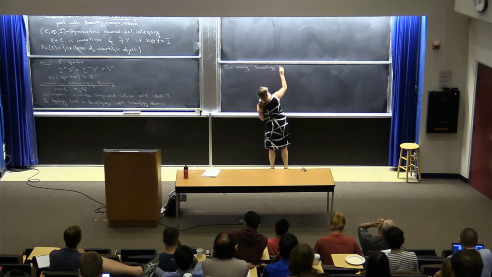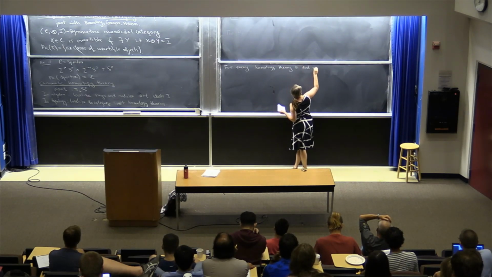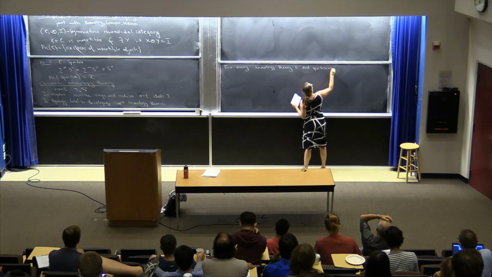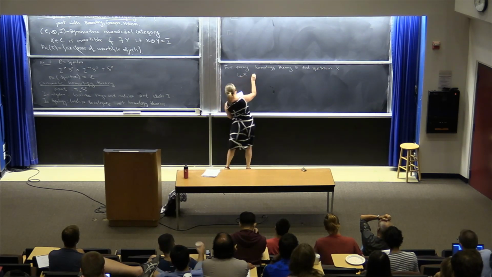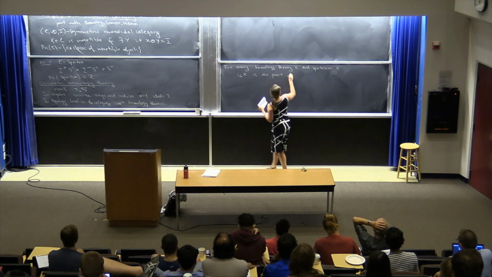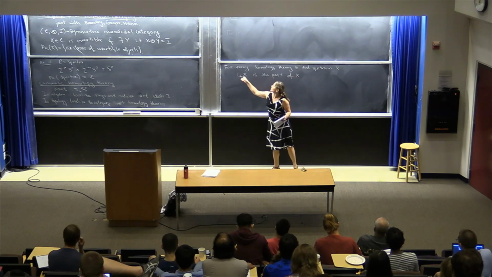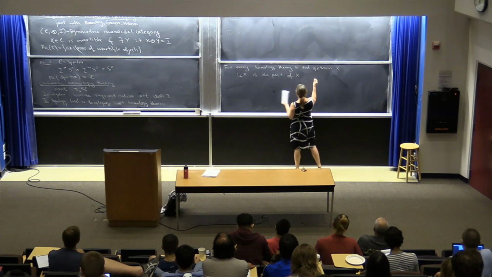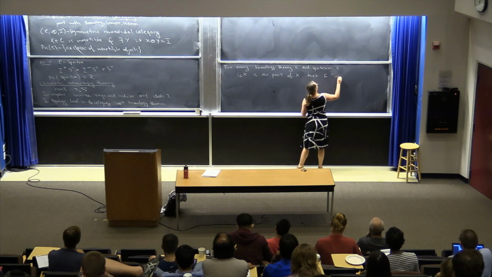For every homology theory E and spectrum X, L_E X is the part of X. So X is a spectrum, and L_E X is the localization of that spectrum with respect to E. So this localization is the part of X that E can see.